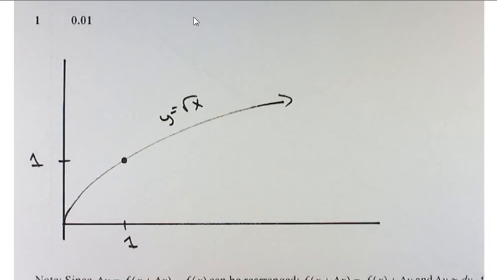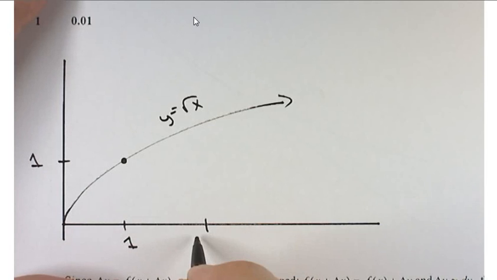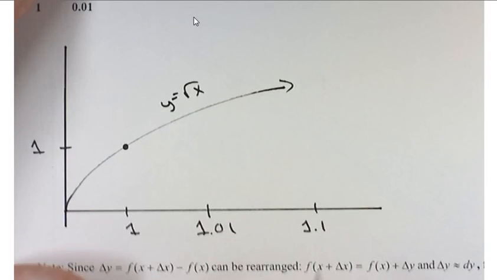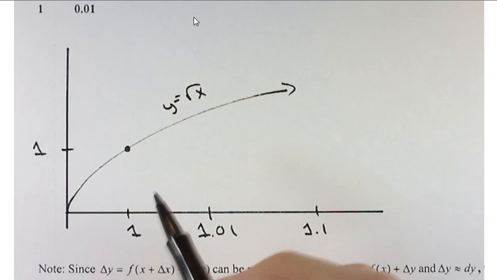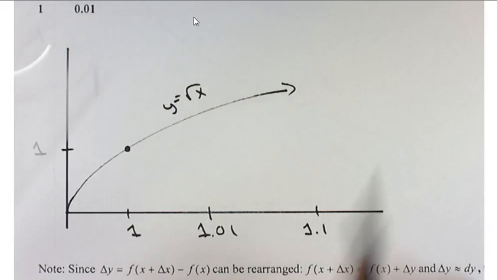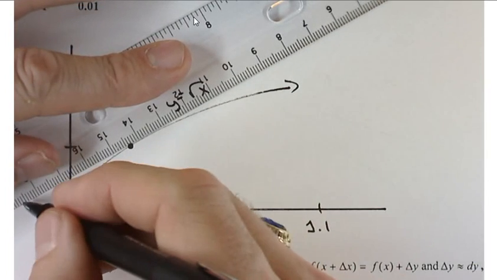But what happens if we were to move a little bit away from 1? So say at 1.1 or 1.01. Well, the square root of 1.01, and even maybe to a lesser extent the square root of 1.1, can be approximated if we use the tangent line.